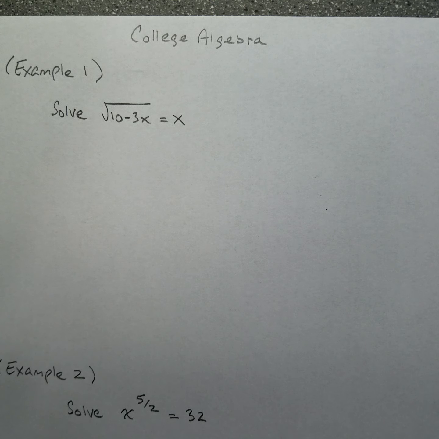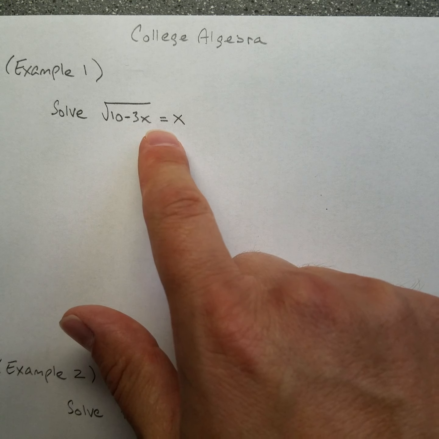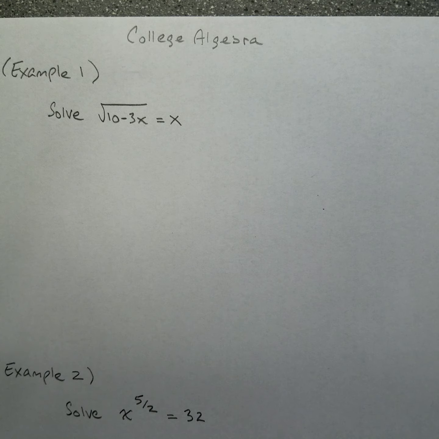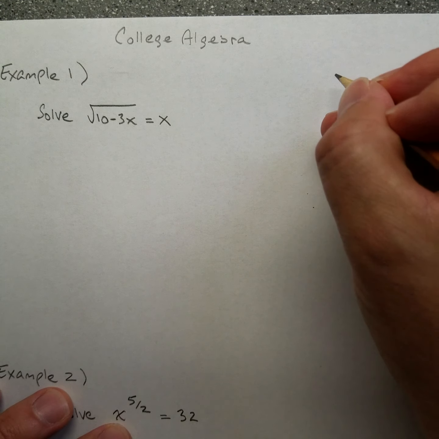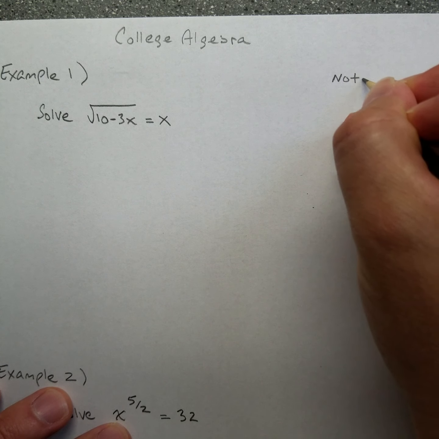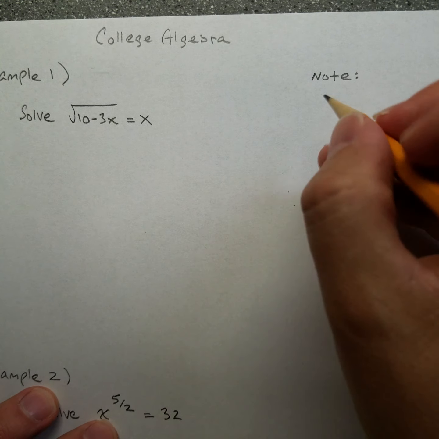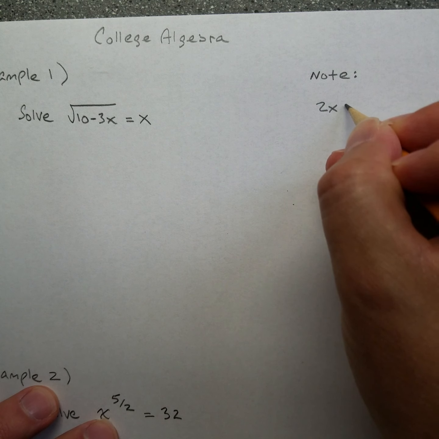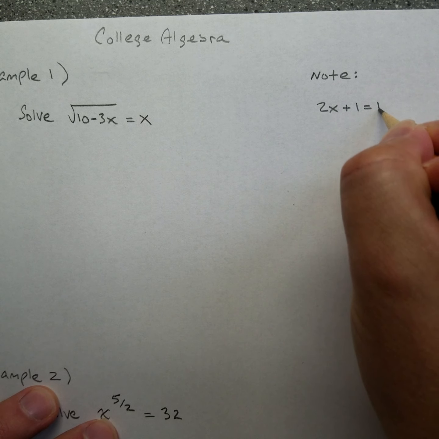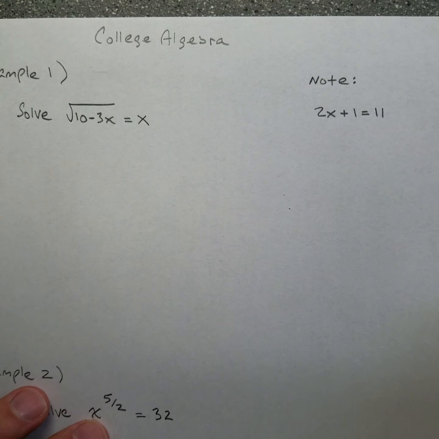Solve the equation 10 minus 3x is equal to x. And I might say, since we're starting at the very beginning, what does it mean to solve an equation? I guess that notion is not that complicated. Take this one.